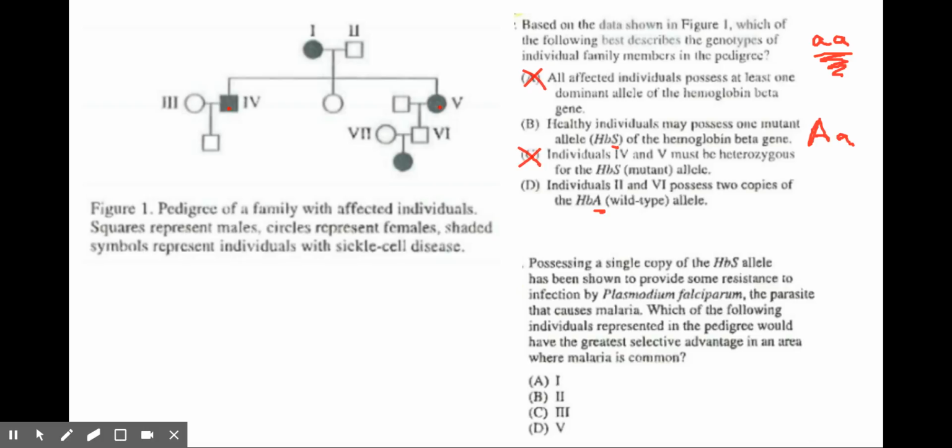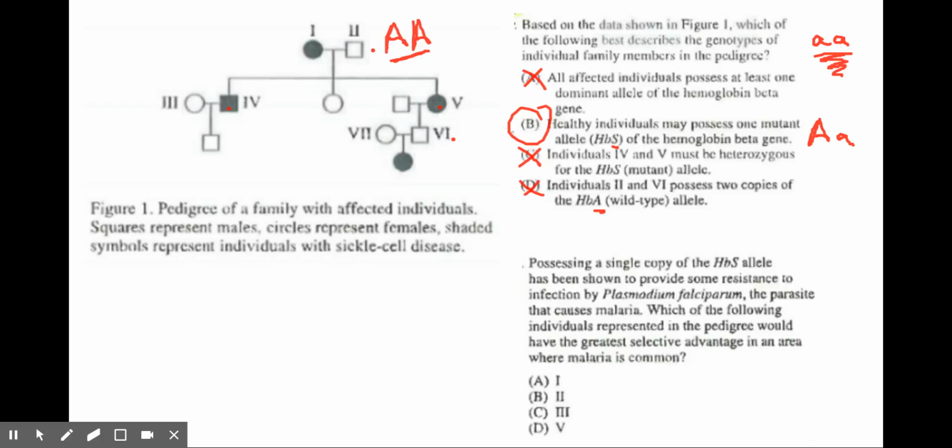So D, individuals 2 and 6 possess 2 copies of the wild type, the healthy allele. And is that true? Well, if they are that, then they are definitely passing on a healthy one to their children, and those would all be carriers and none would have it. So again, this cannot be true, and B is the correct answer.